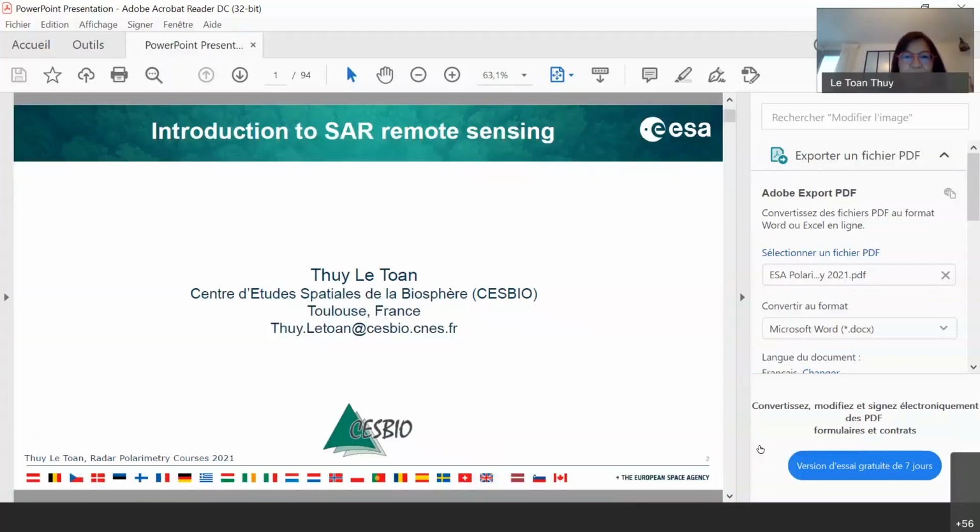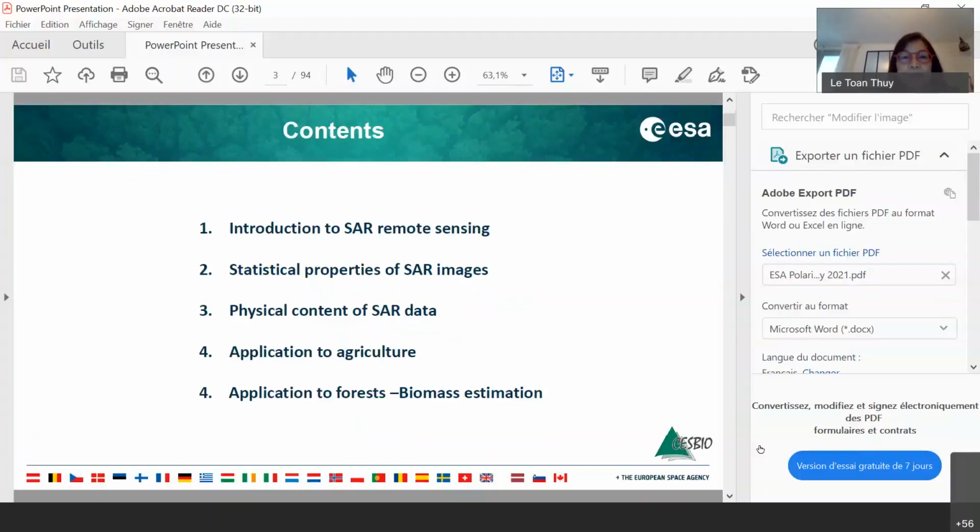So I start. Okay, and the name of my institution, CESBIO, where also many of us during the course are coming from also. Okay, the contents of the talk, there's 5 things: the introduction, and then some detail on the statistical properties of the SAR images, and the physical content of SAR data.